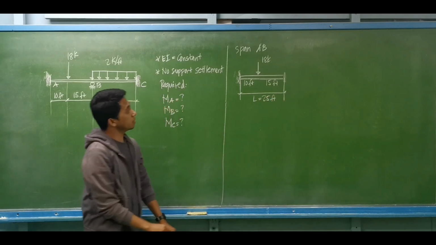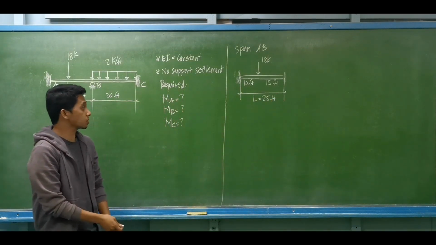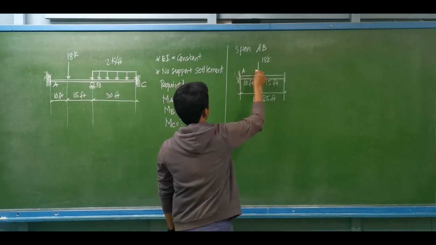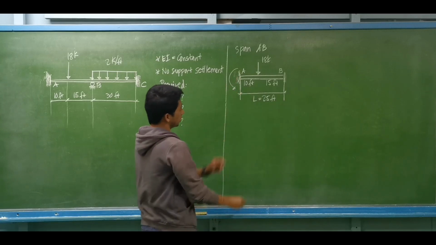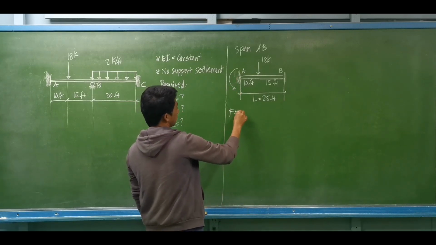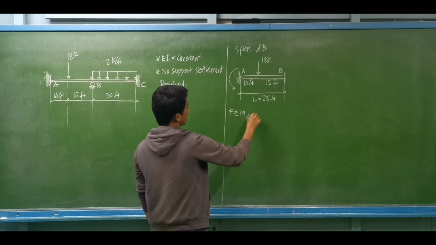For span AB, we have a concentrated load of 18 kips. So this is A and B. Let's compute the fixed end moment at point A. This is the fixed end moment for member AB.